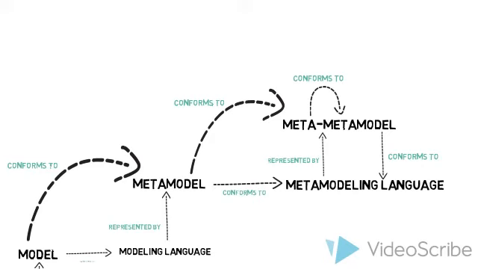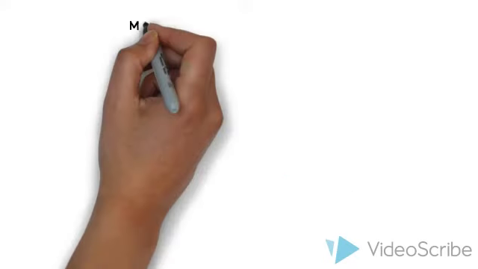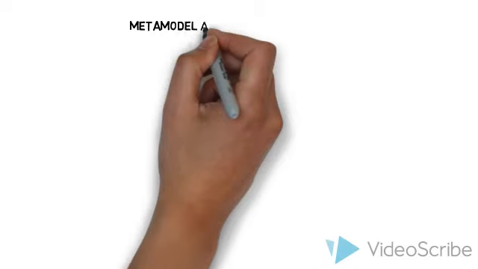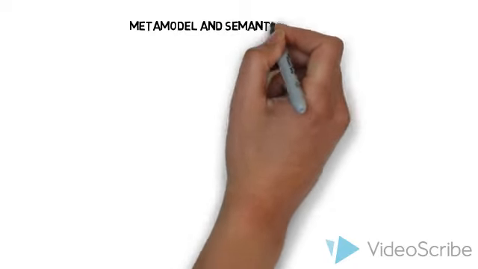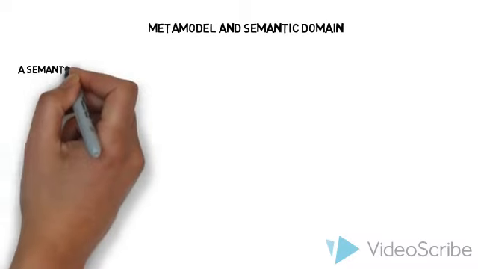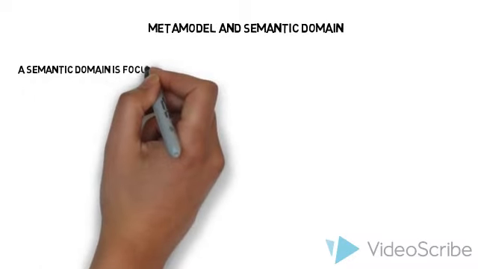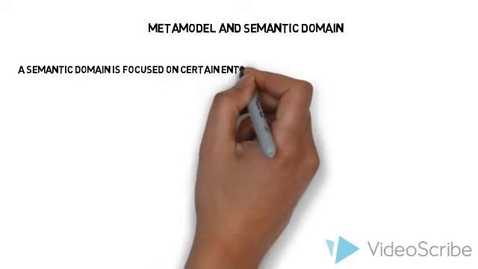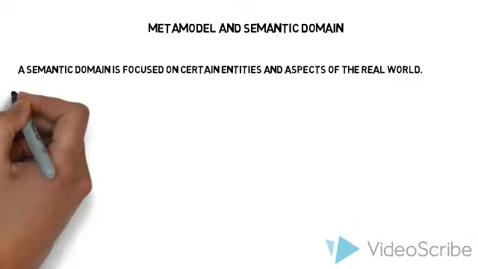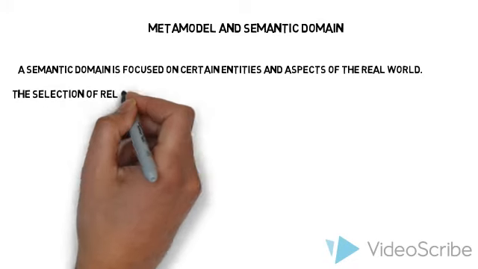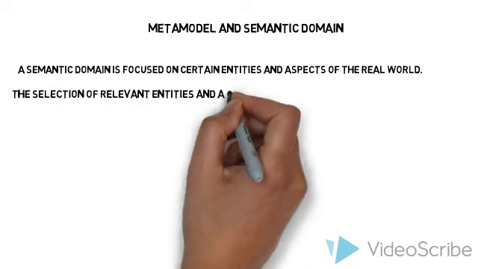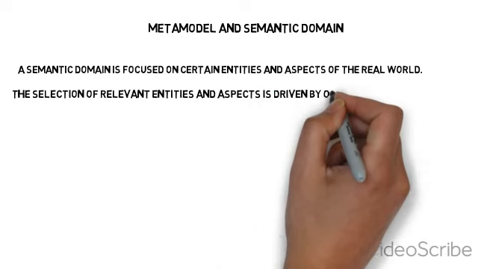Now, let's discuss a real quick overview of metamodel and semantic domain. A semantic domain is focused on certain entities and aspects of the real world in which we are interested, maybe excluding others. The selection of relevant entities and aspects is driven by our modeling purpose.